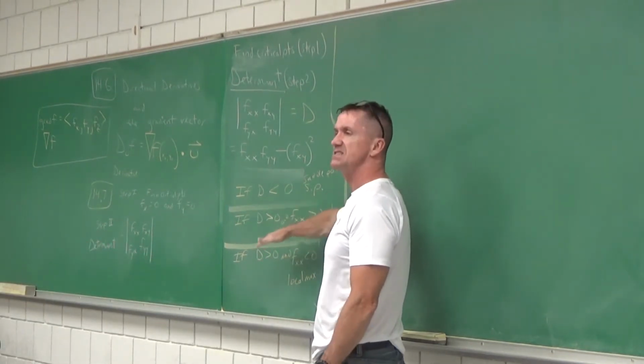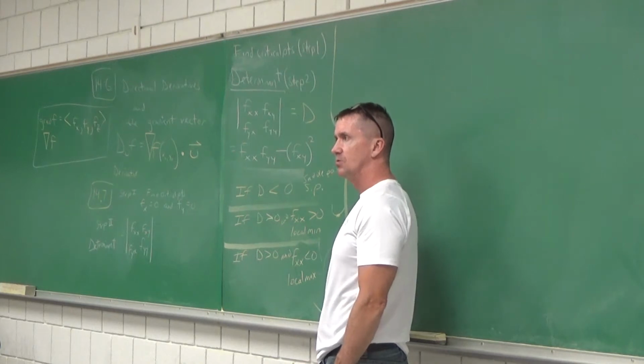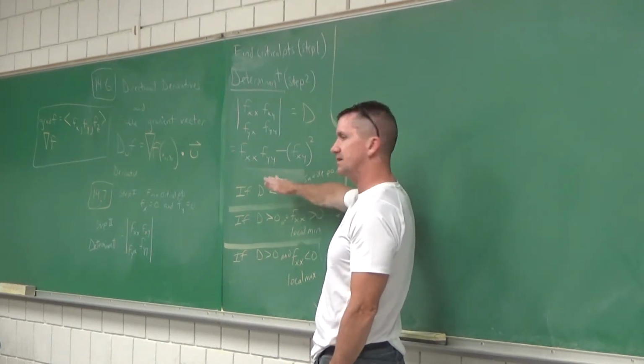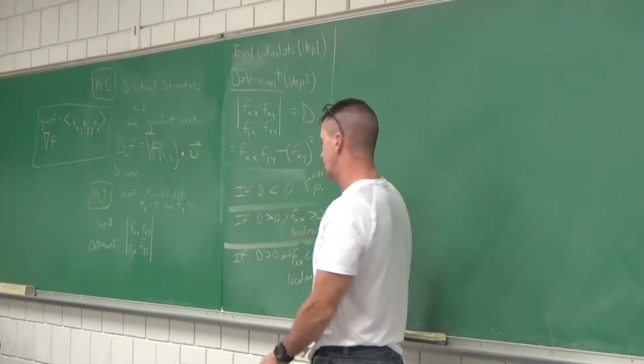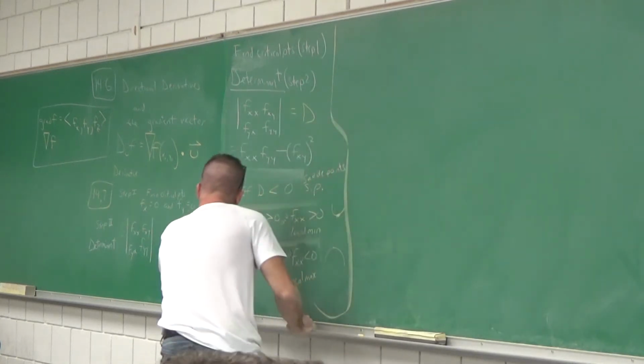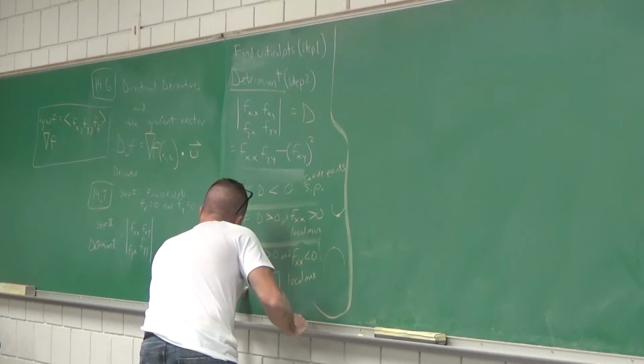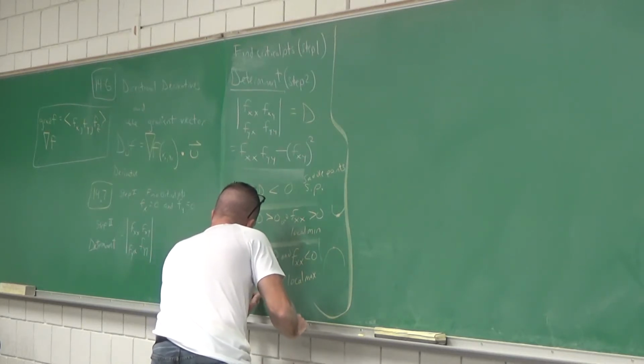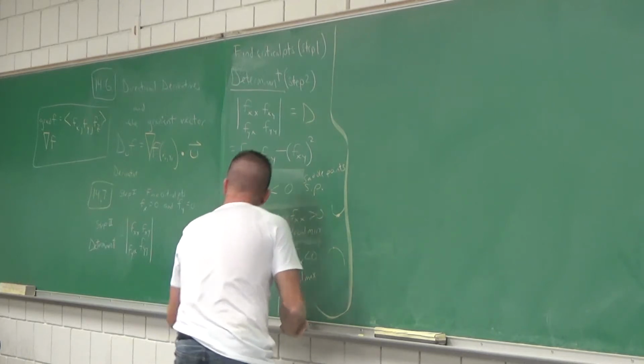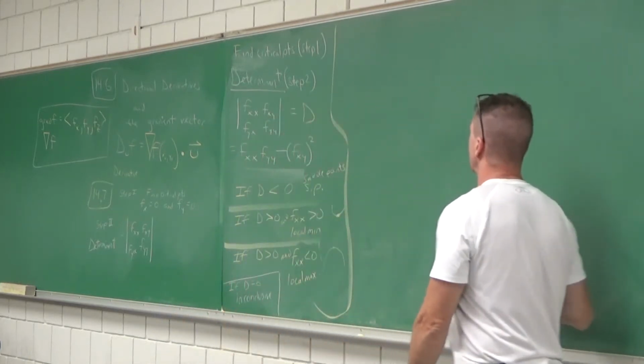It means this test is inconclusive there. Cool? If you want to add that, you can. If D equals 0, it's inconclusive, this whole test. We'll explore that next.